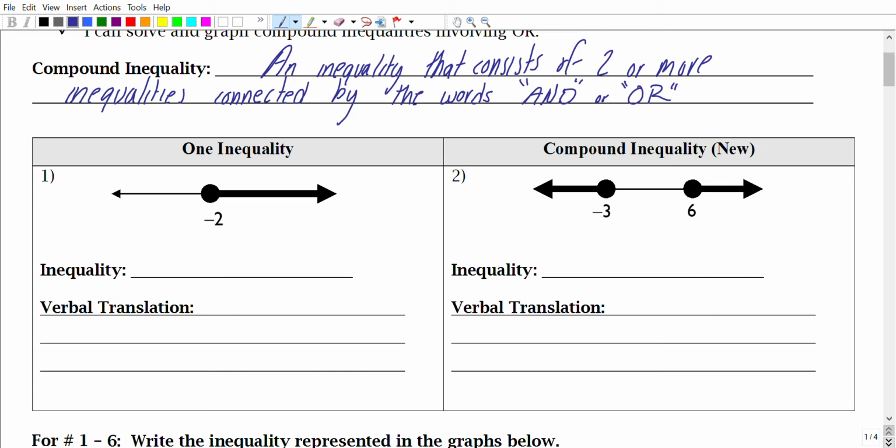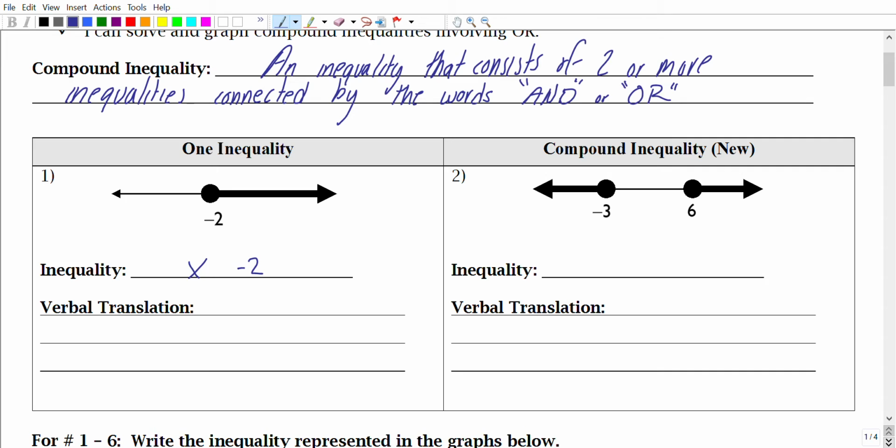So let's see how we can do number one. If we look at this inequality here, we see that it's a closed circle and it's being shaded to the right. Like I said, we can always choose a variable. I always like to choose x, and I see that it's the number -2. I always like to write it down there with a space in between. The reason for that space is in order to figure out what symbol I have to use to represent this inequality.